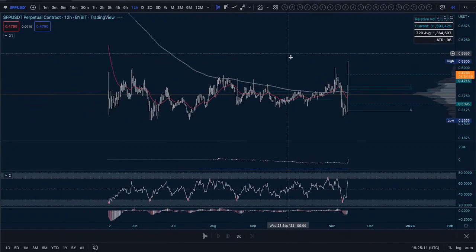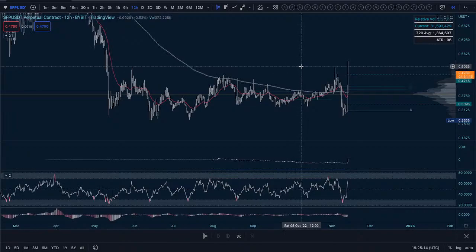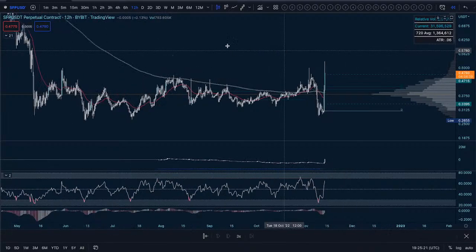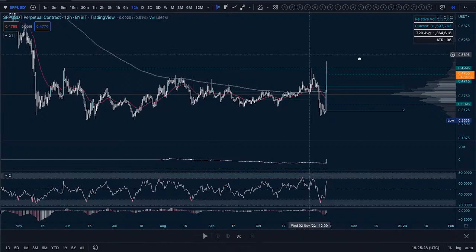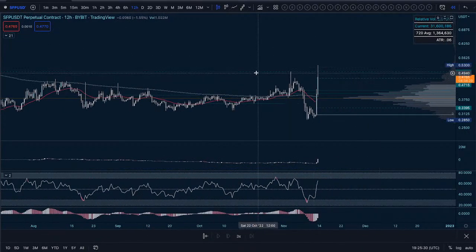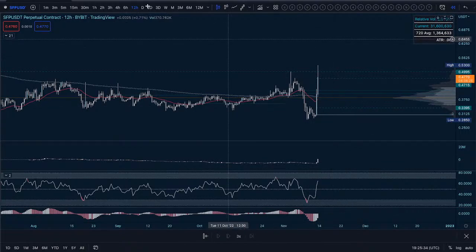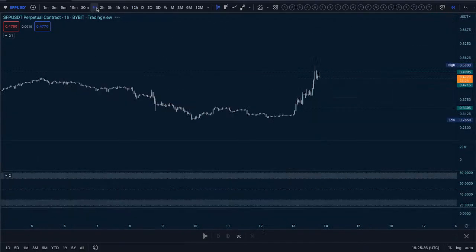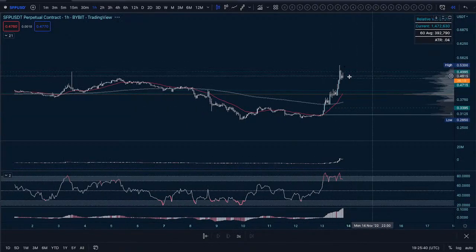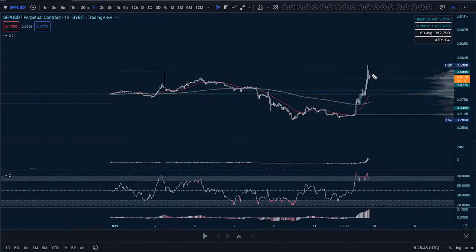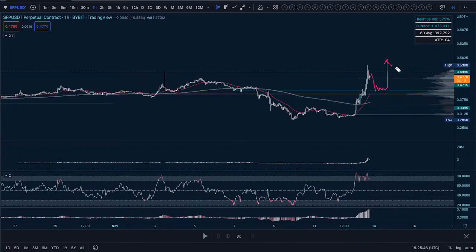The problem is it just cleared everything here, and I'm just watching what it's gonna do next. But looks good. Here it's a bit extended, maybe it's gonna come down there.